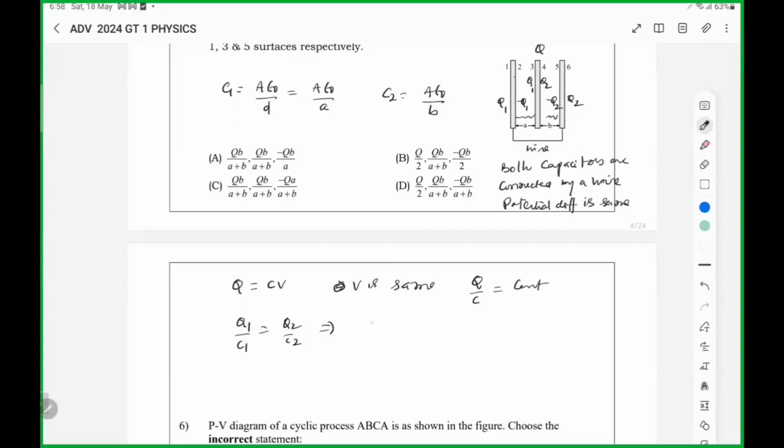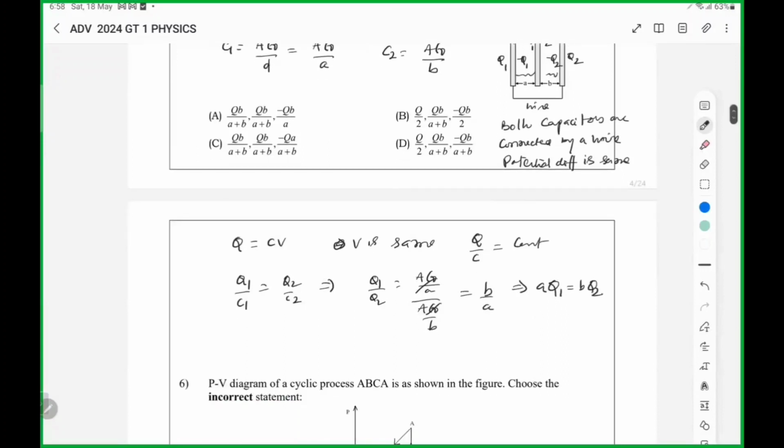So Q1 by Q2 will be A epsilon naught by A by A epsilon naught by B, which is B by A. A Q1 will be B Q2, but total charge Q1 plus Q2 is Q. So Q1 here is B Q2 by A plus Q2 here is Q. Q2 will be A Q by B plus A.